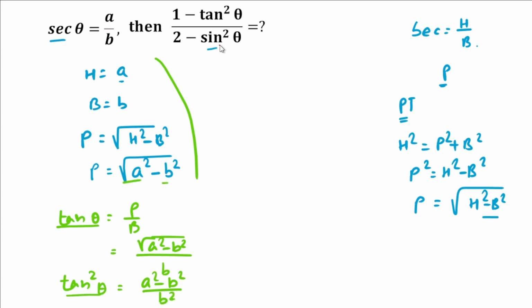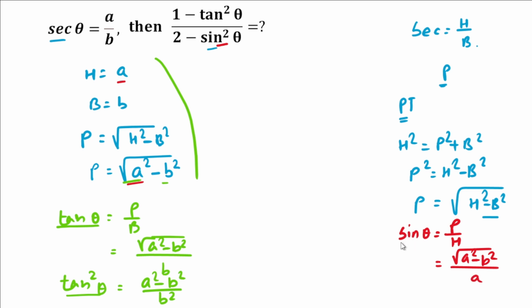So now next term we will calculate sin square theta, and we know the formula of sin theta. Sin theta is perpendicular divided by hypotenuse. Here the perpendicular is square root a square minus b square, divided by hypotenuse. Hypotenuse value is small a, so it is divided by small a.